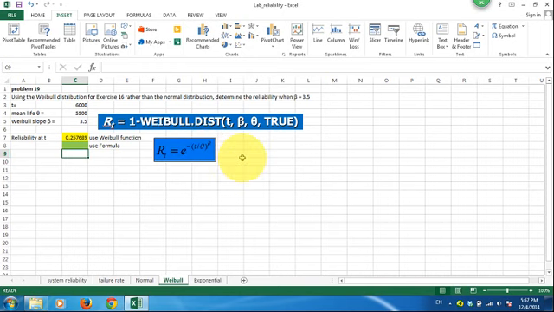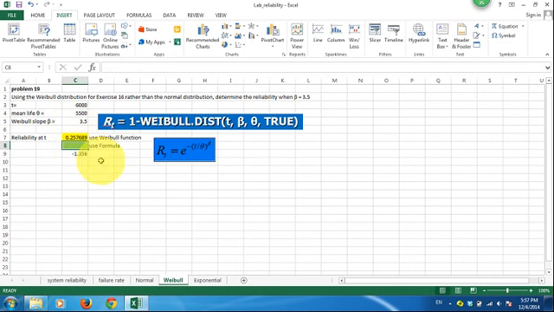It is not t over theta times beta. So we first find what is in the exponent, and that will be 0 minus t over theta, to the beta. So this is what is in the exponent.